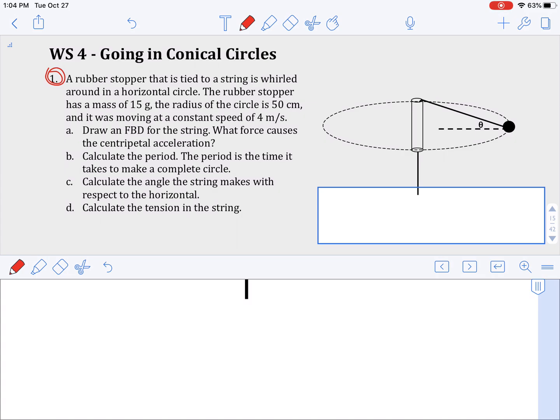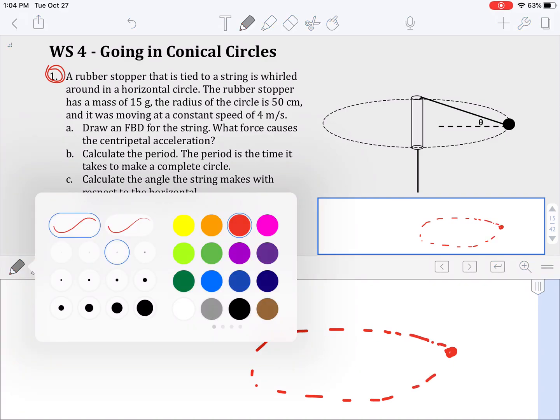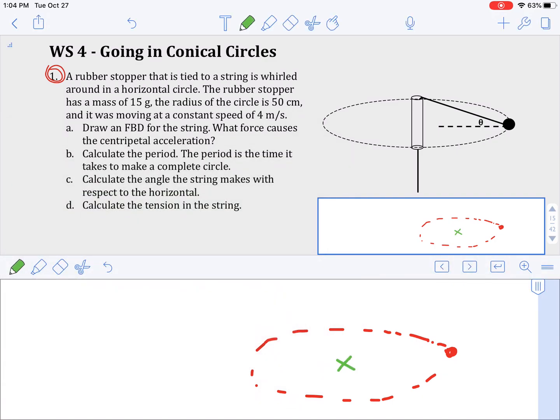It's whirled in this conical pendulum, and I want to make sure that when I draw any FBD in any circular motion, it is drawn on my circular path, because I need to know where the center of the circle is, so I know what the F net radially inward is.